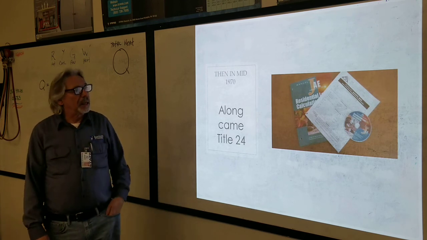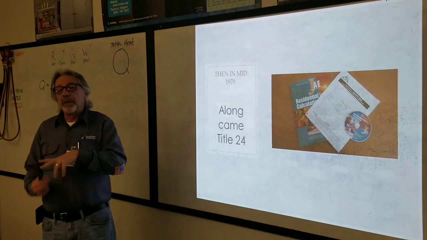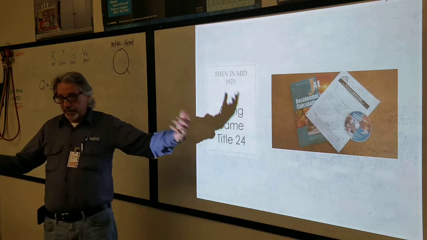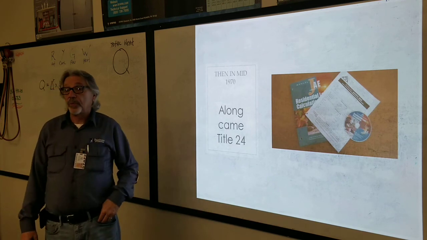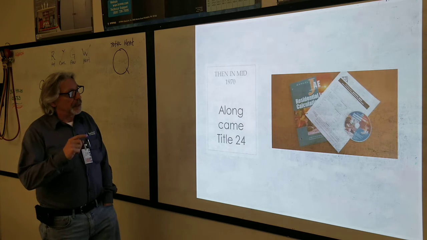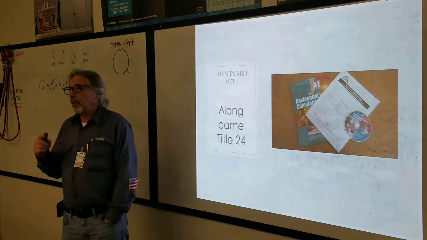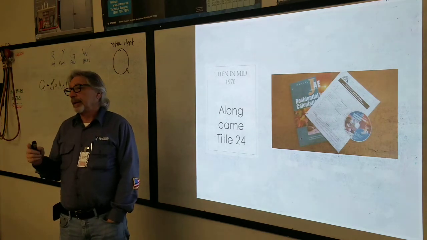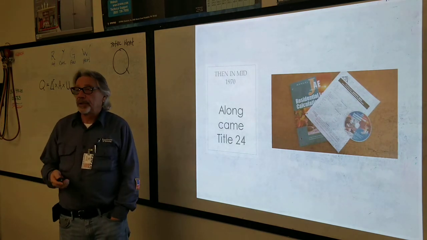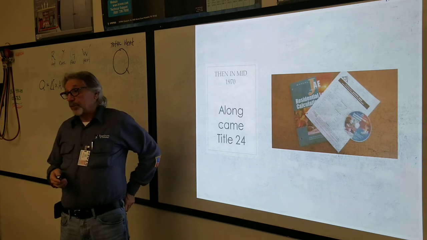So they knew that a lot of the heat and a lot of the cooling was escaping right through the sheetrock and stucco. That's when they started putting R13 or R11 insulation in the walls, and I believe there's a minimum of R22 in the attic. Okay, so that was after 1975.